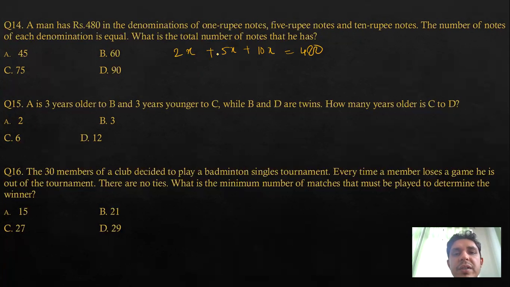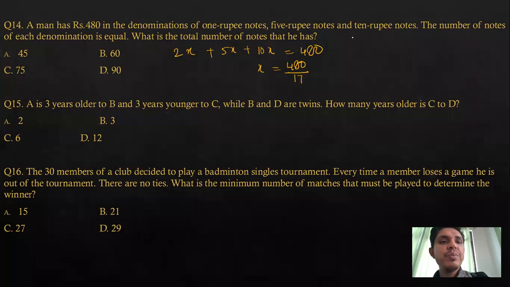If we check for the value of x, it will be 480 divided by 17. So in this question, the man has rupees 480 in the denomination of 1 rupee note, 5 rupee note, and 10 rupee note. I made a mistake here.